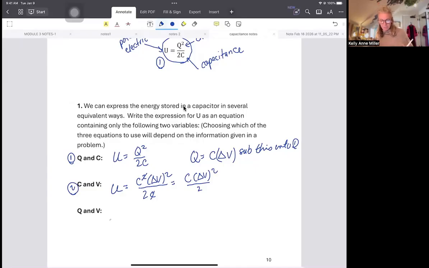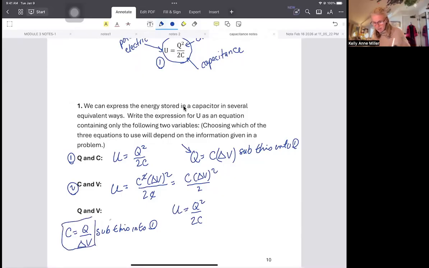And then the third way: this equation here, I can just rewrite as capacitance equals charge over voltage. So I could sub this into equation one, which, remember, is Q squared over 2C. If I sub this in for C, I get Q squared times delta V over 2Q.